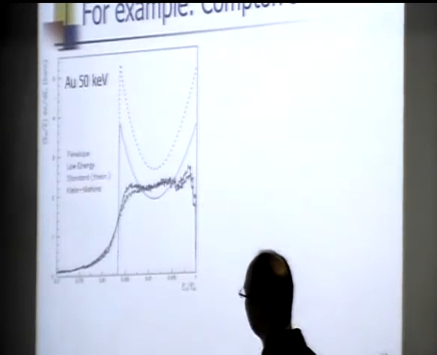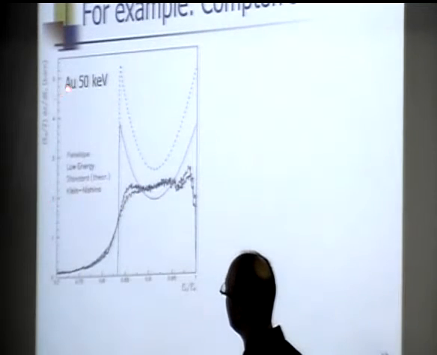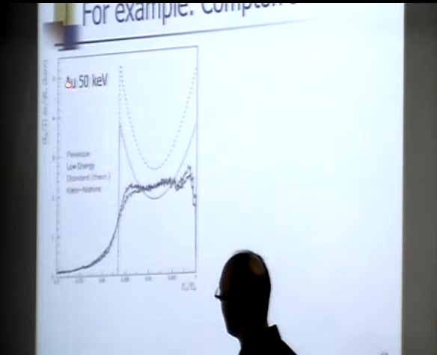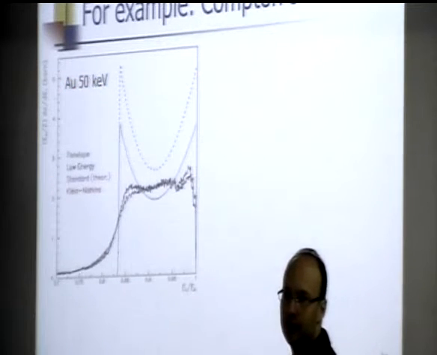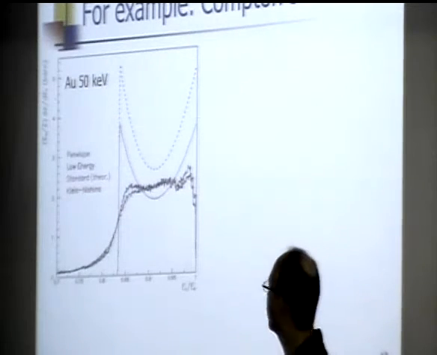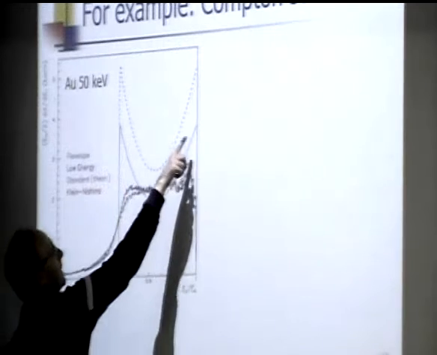This is exactly what I was mentioning for the cross section of the Klein-Nishina scattering. This is 50 keV gammas on gold. At 50 keV, it's really comparable to the binding energy in gold. So this is what you get from the textbooks: the Klein-Nishina with a sharp Compton edge.